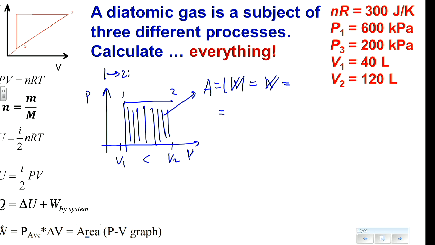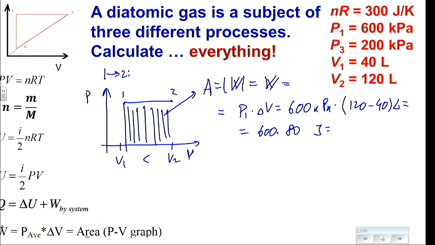So that should be equal to, let's say, P1 times delta V, and that gives 600 kilopascals times V2 120 minus 40 liters. So 600 times 80 joules. That's the amount of the work done.